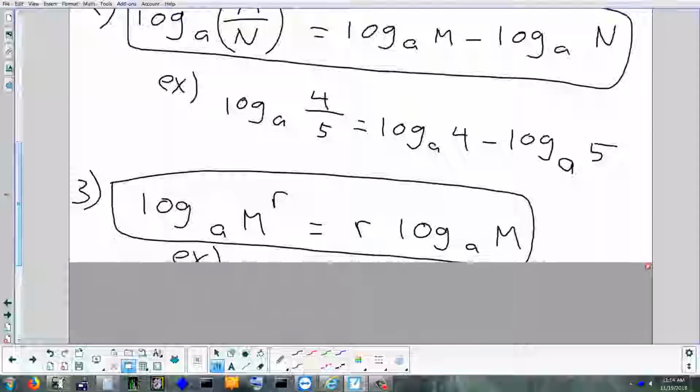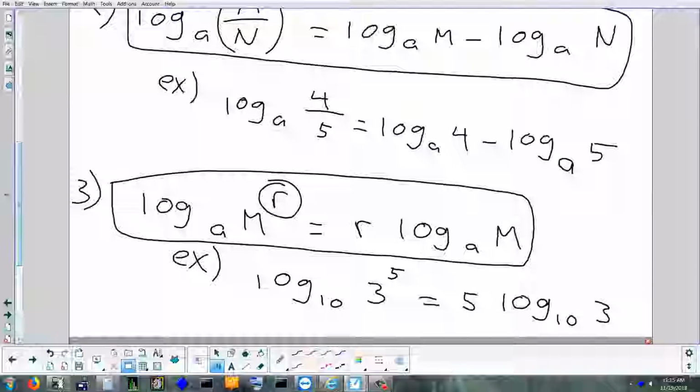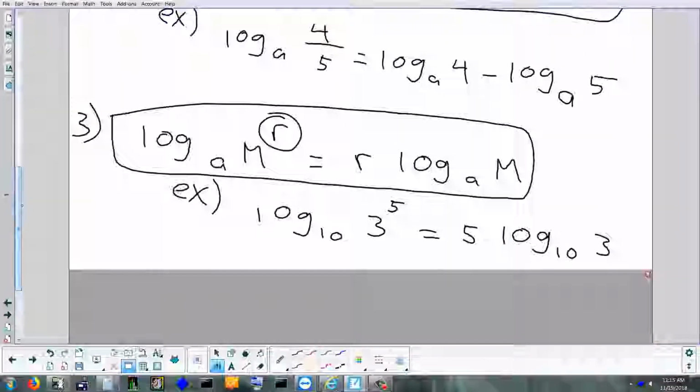And our third rule. The third rule allows you to take exponents that are on the argument of a log and put them in front. You can't just take exponents and put them in front in general, but you can if you have a log. All right. So here's an example with numbers. I'll type that one in so you can see it.